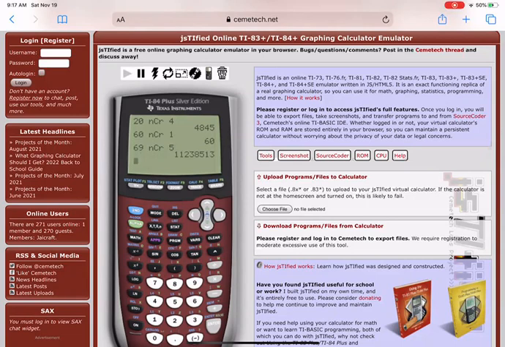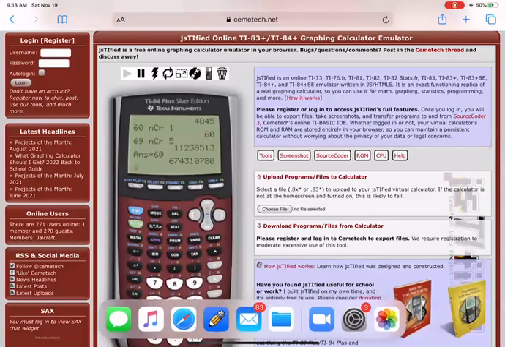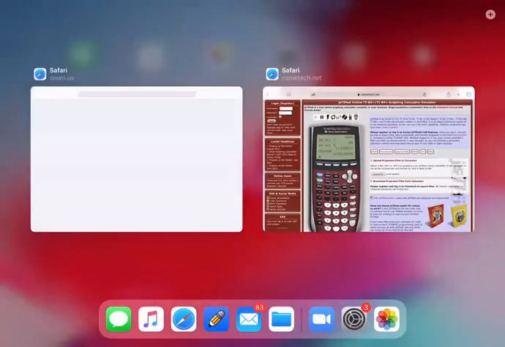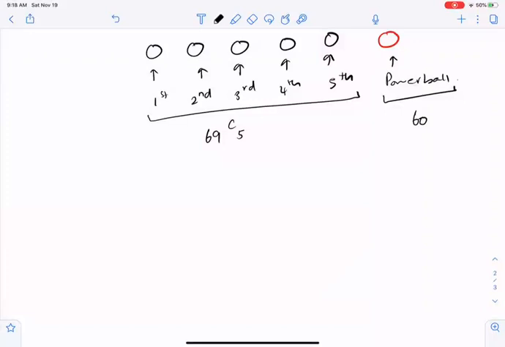So we know from the fundamental rule of counting, if the first event happens in a certain number of ways and the second happens in a certain number of ways, we simply multiply. So that answer times 60, we will have that many number of ways.